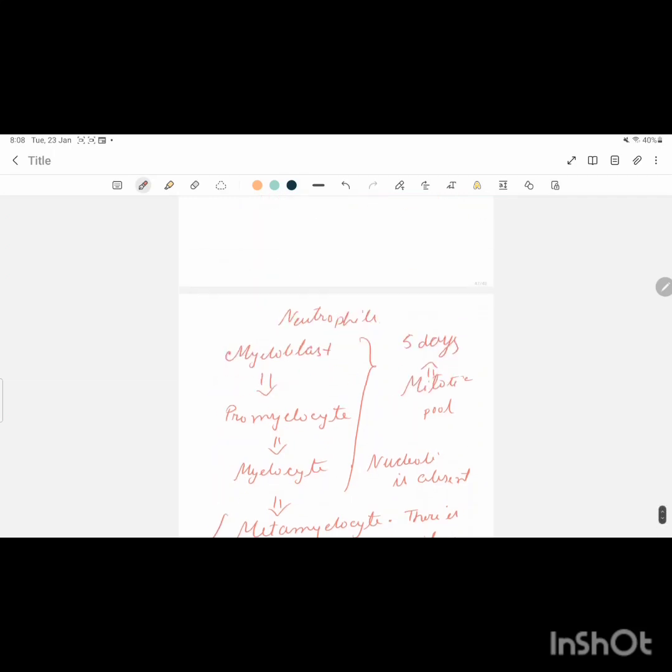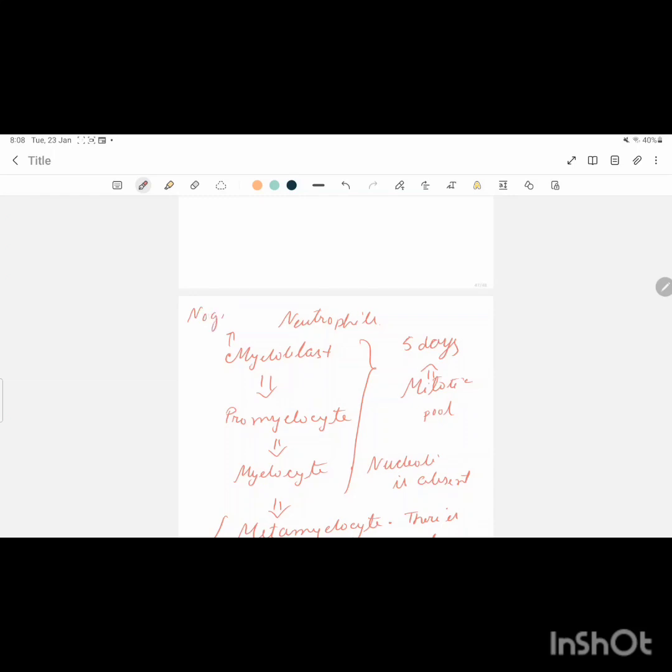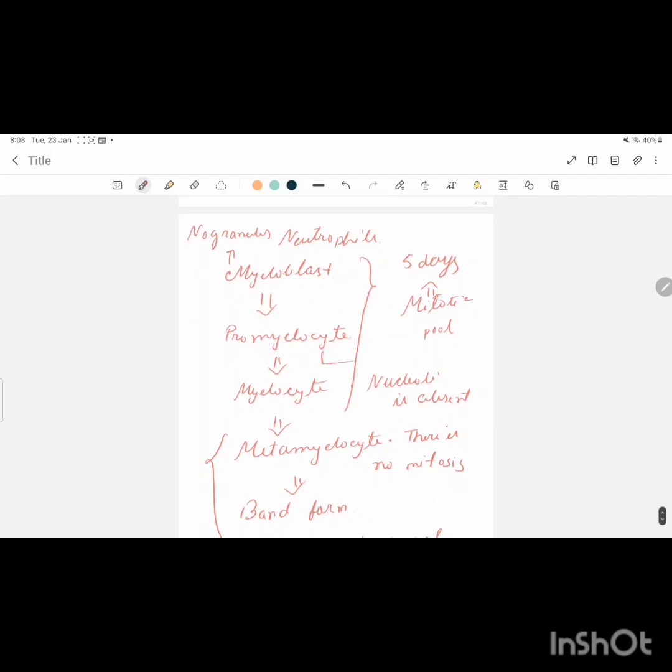Now in the myeloblastic stage there are no granules.